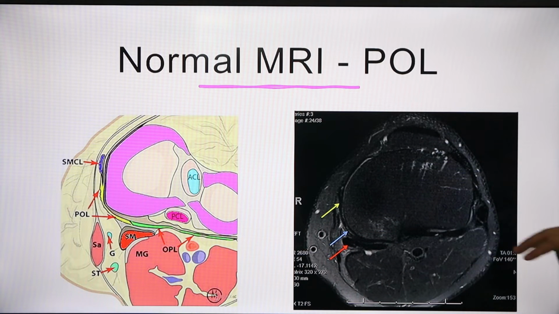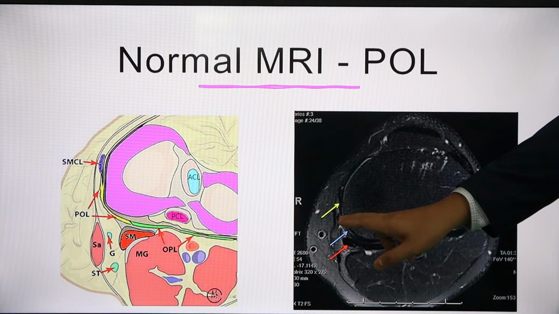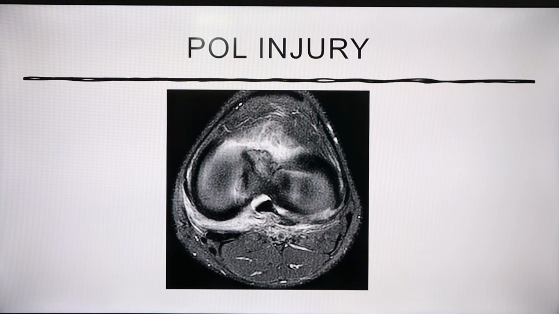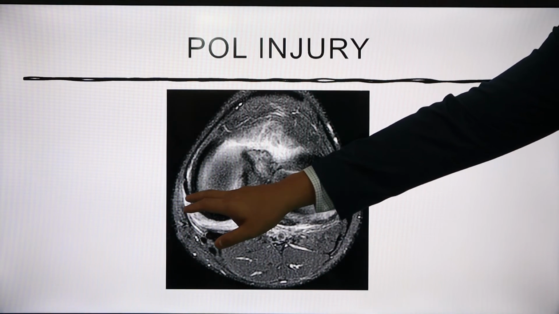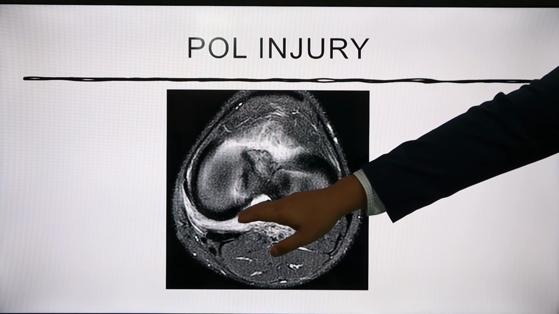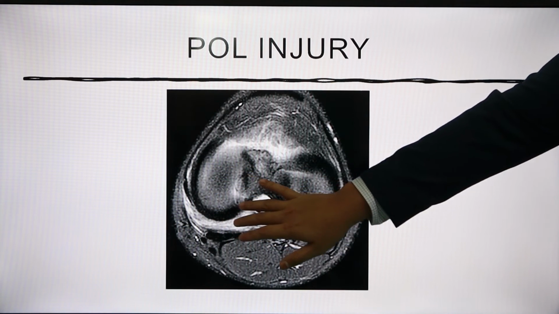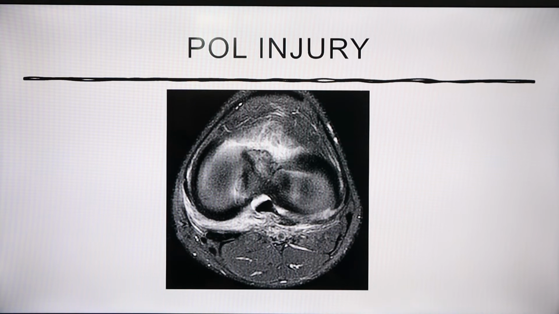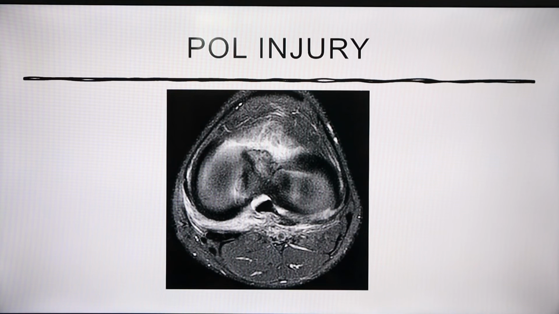So you have to look for the PCL, SMCL, semimembranosus, and in front of it is the POL. So again, this is your PCL, SMCL. You will see a fine black structure here, but you cannot see it, and you can see a high intensity signal suggesting injury to your POL and also your posterior capsule, and this is your semimembranosus.